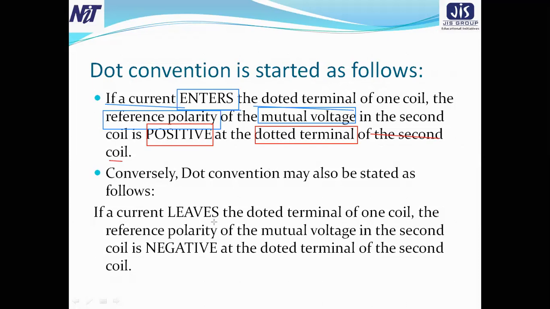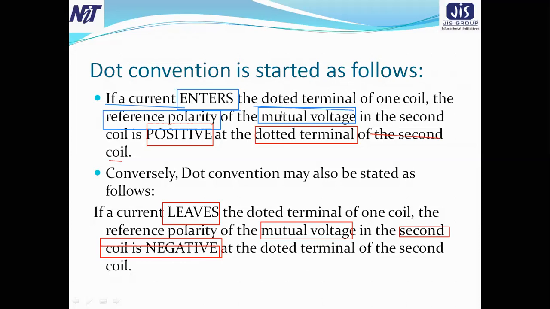Conversely, the dot convention may also be stated as follows. If a current leaves the dotted terminal of one coil, the reference polarity of the mutual voltage in the second coil is negative at the dotted terminal of the second coil.